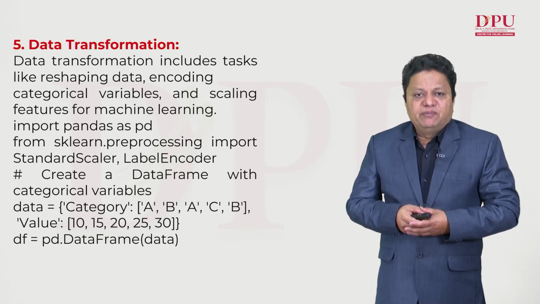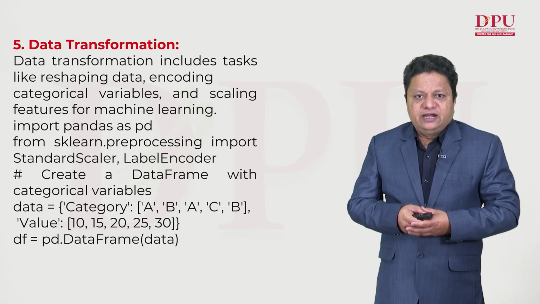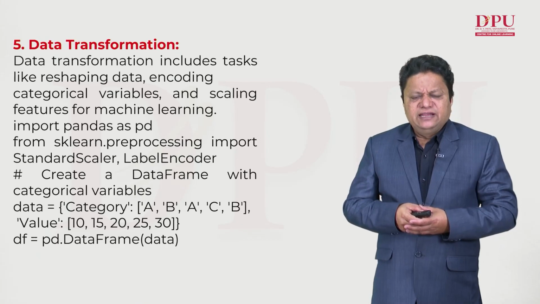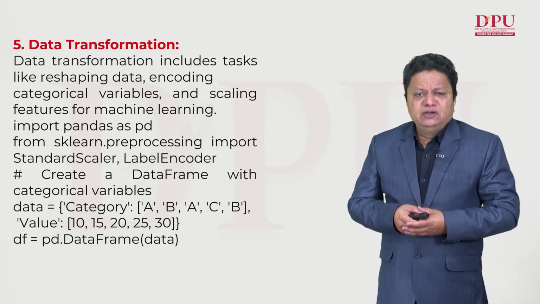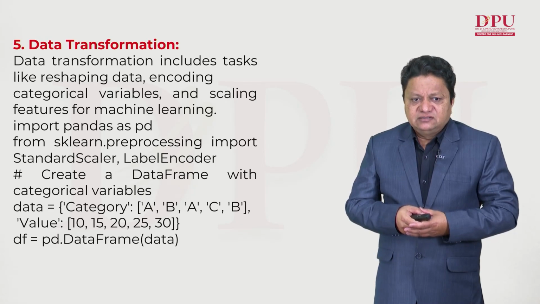Then I am creating one more key and value pair, with value as the key, and its values are 10, 15, 20, 25 and 30. So here in this dictionary I have two pairs of data, one is category, second is value.